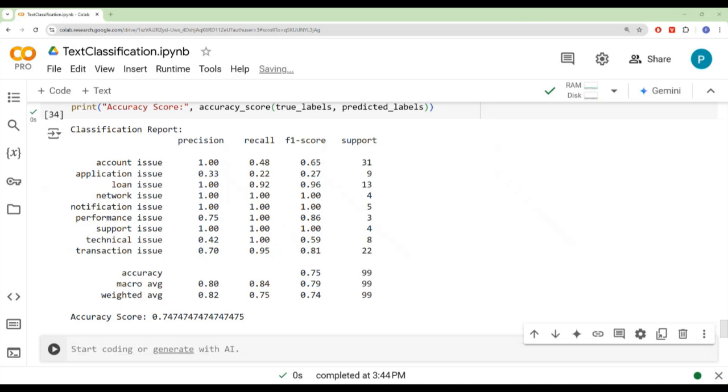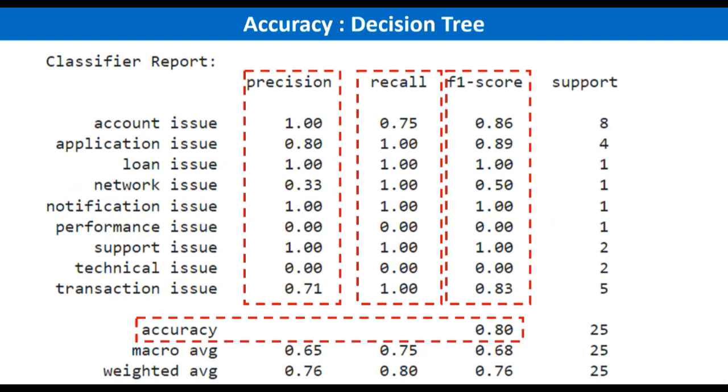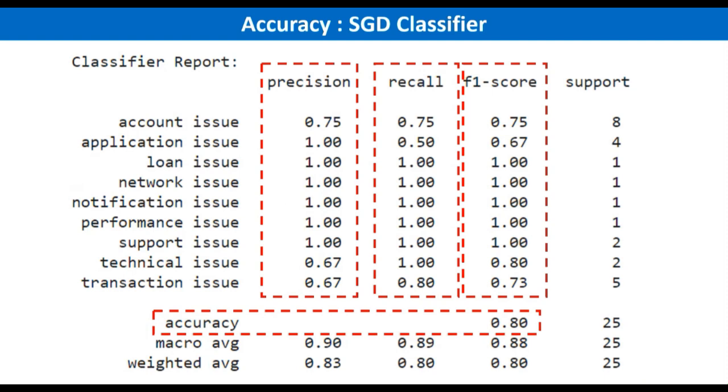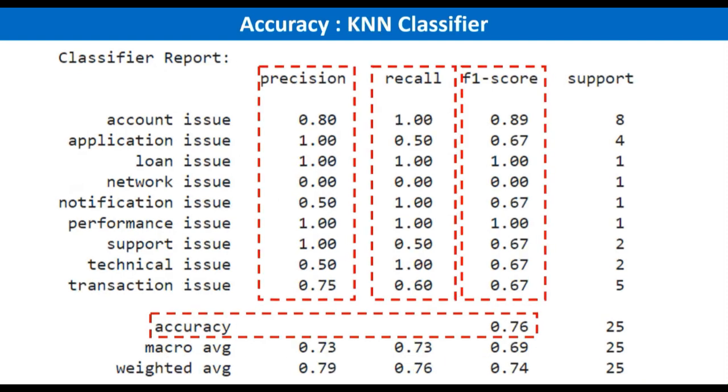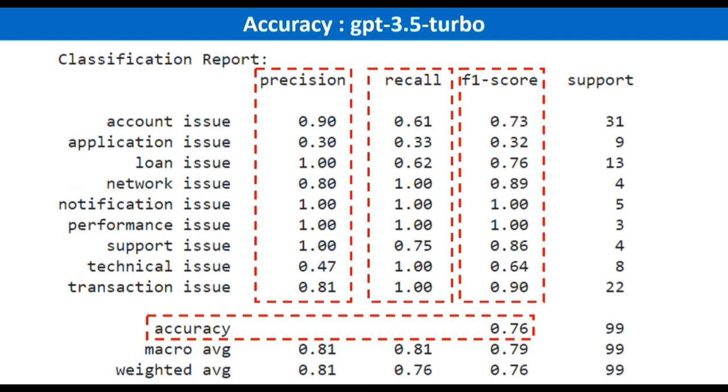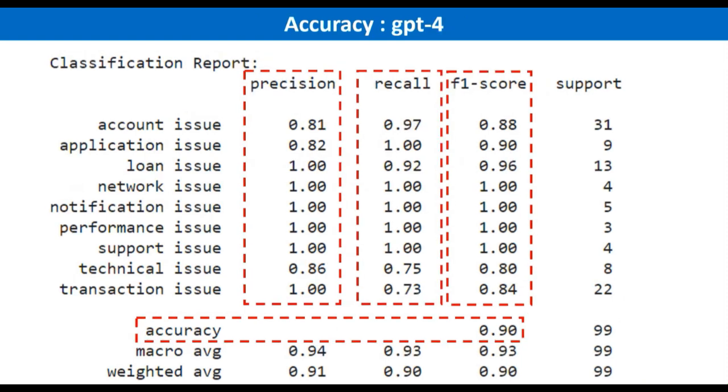So the key observation, you might have noticed that in the decision tree classifier, this was the classification report. This was for the HTZ classifier, and for the KNN classifier, this was the classification report. And this is the classification report when we implemented the LLM based classifier using GPT 3.5 turbo model. And this is when we used the LLM based classifier using GPT 4 model.